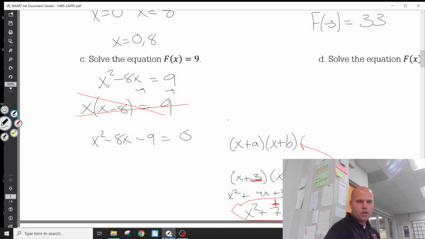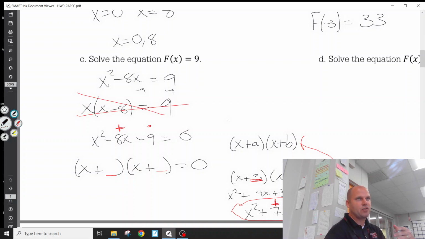So what I do whenever I see x squared minus 8x minus 9 is I know it's going to be x plus something times x plus something. I just start out like that. And then I don't use the x. I just say, what are the two numbers that go here and here that add to get -8 and multiply to get -9? Okay? This is what I do. If you want to keep using the x, that's fine. It's just, depending on which numbers you put where, you might make a mistake and you might not really understand what you're doing.